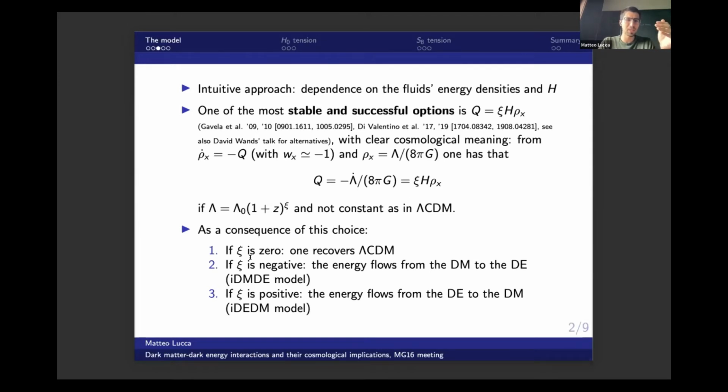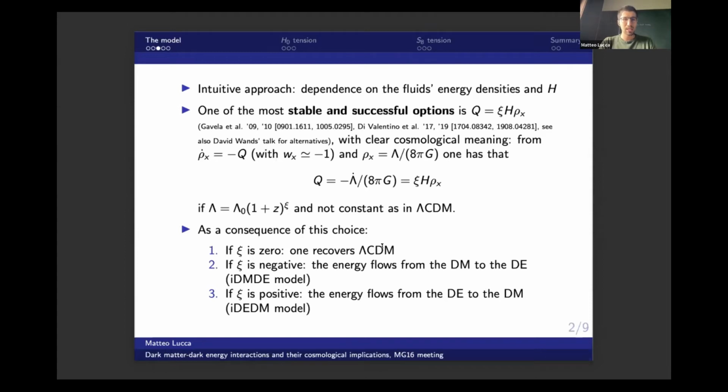In particular, if Xi is negative, the energy transfer function, like the energy itself, flows from the dark matter to the dark energy. And when Xi is positive, it flows from the dark energy to the dark matter. So there are really energy scales involved and decaying channels that are completely different depending on whether Xi is negative or positive. So despite the fact that the mathematical setup is the same, I will try to differentiate the two models and treat them as separate.